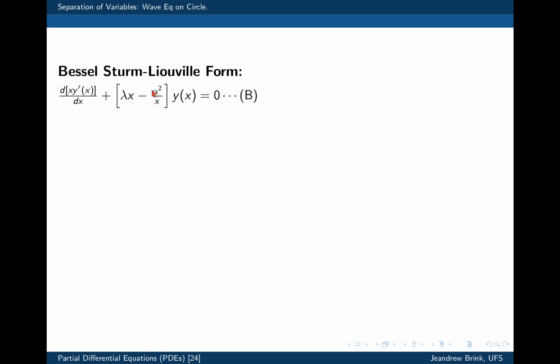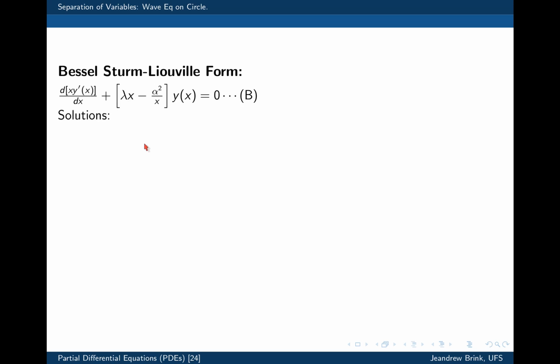And over here, I'm not, at least to start, going to assume that alpha is an integer, because you can actually solve this equation when alpha is not an integer. It's still Bessel's equation, but it often appears in 3 dimensions and in quantum mechanics. So that's why I'm going to leave it general for now.